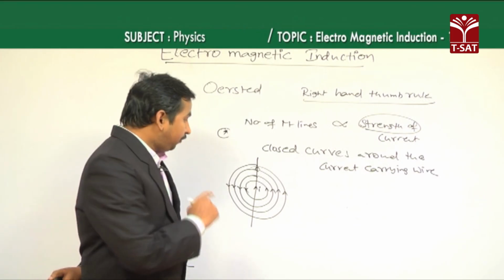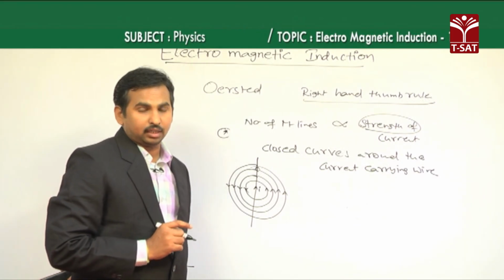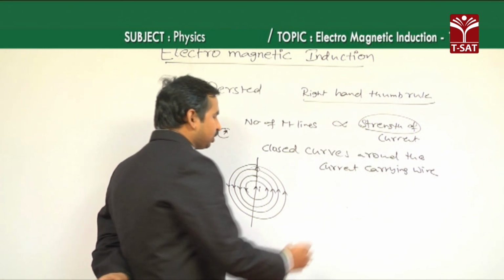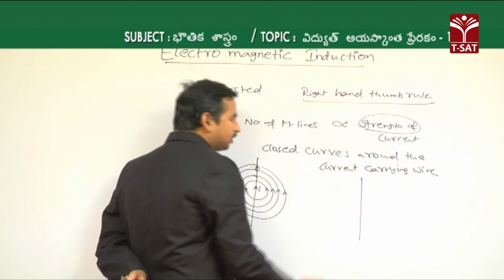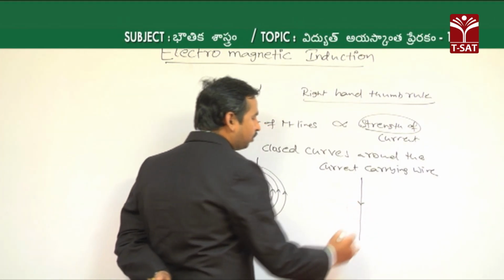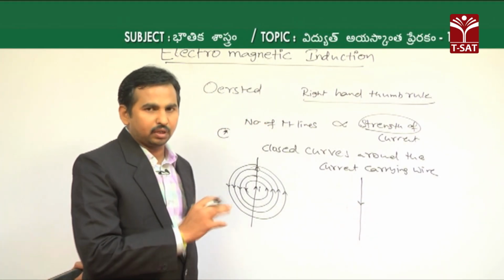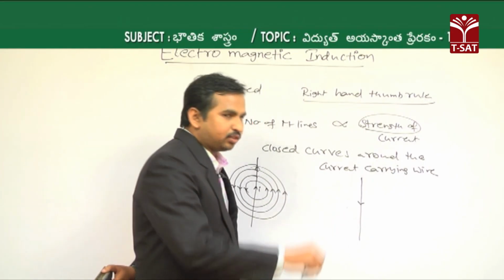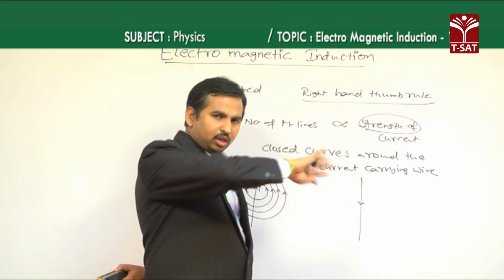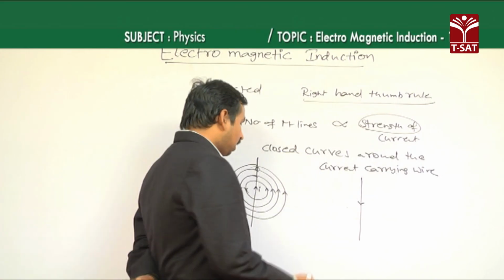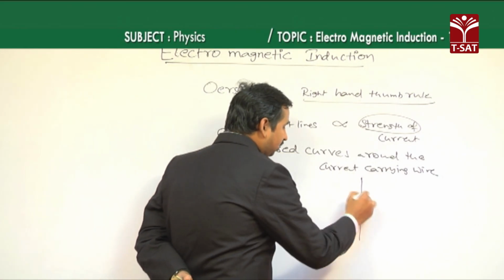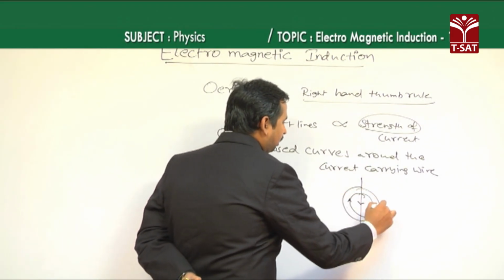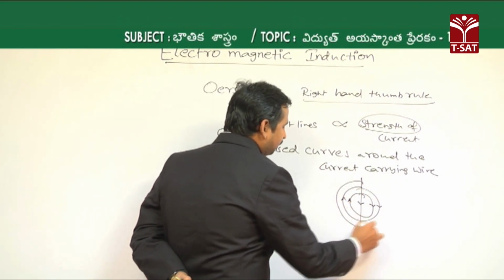Okay. Now, if you reverse the direction of current, these magnetic lines of forces also change their direction. If you take the same current carrying wire with current going downwards, that is into the plane now, the curling fingers come in the opposite direction, which is clockwise like this.